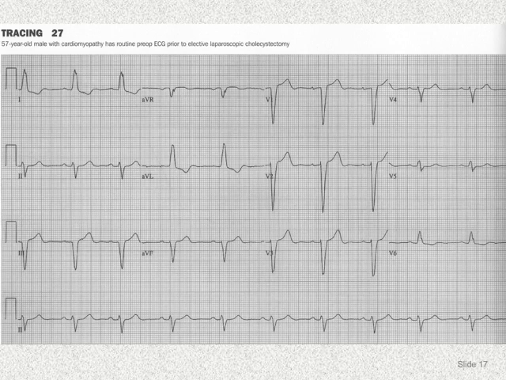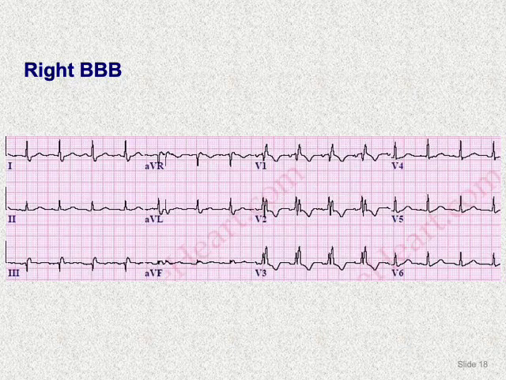And in lead V1 we will see a deep S. So in this case, M shape in V6 and lead 1, which are the left side, so this is left bundle branch block. The opposite in right bundle branch block, we will see the M-shaped pattern in V1 and a deep S in V6 and also in lead 1.